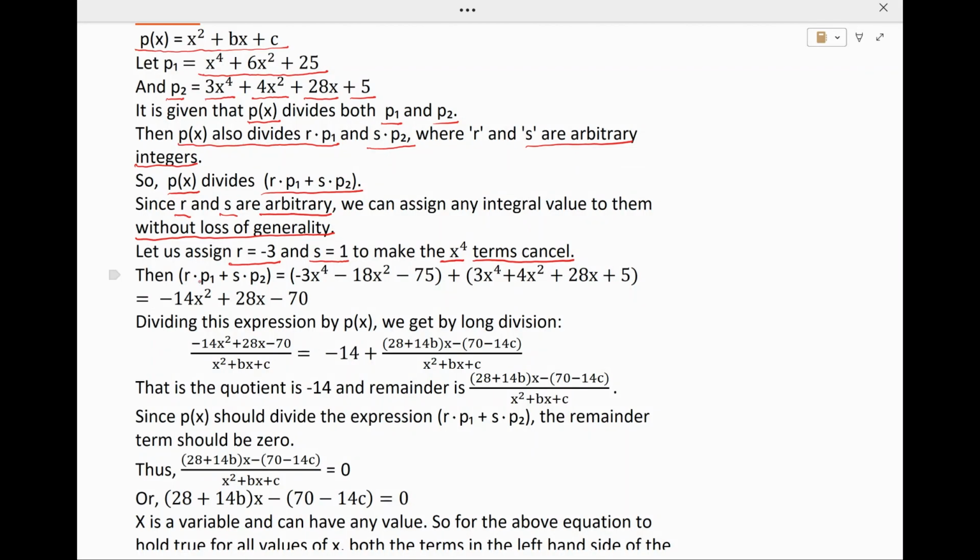Then R·P1 + S·P2 becomes -3x⁴ - 18x² - 75 plus, putting S as -1, -3x⁴ - 4x² - 28x - 5. Rearranging, the x⁴ terms cancel out and the other terms become -14x² - 28x - 70.